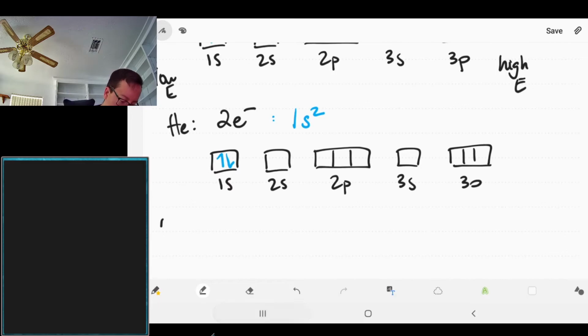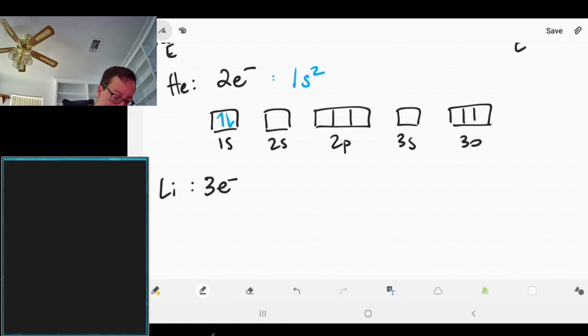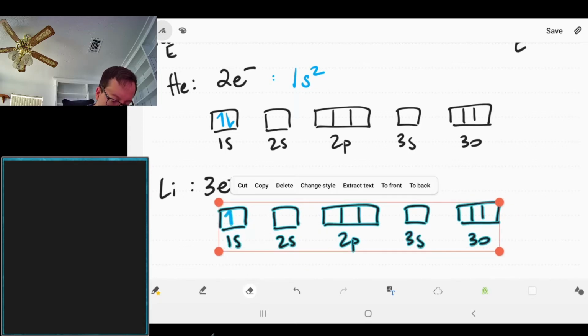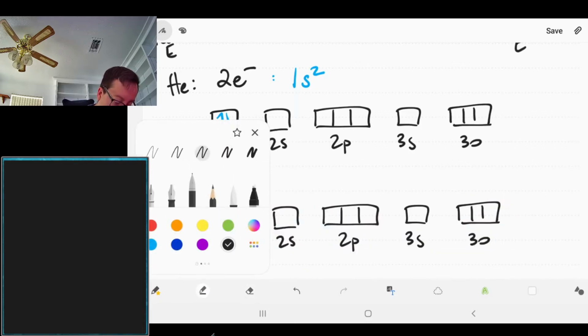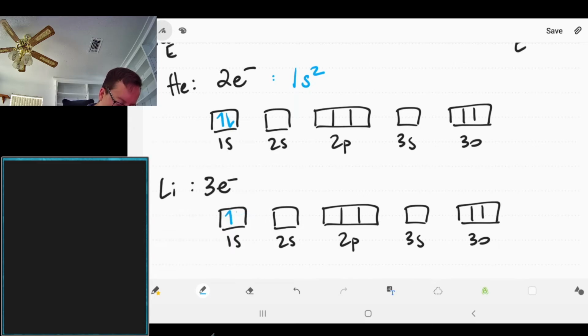If we go ahead to lithium now, which has 3 electrons, so I'm just going from left to right on the periodic table. I've already got our 1 electron in there, but we've got 3 electrons now. And so we're going to fill those in.